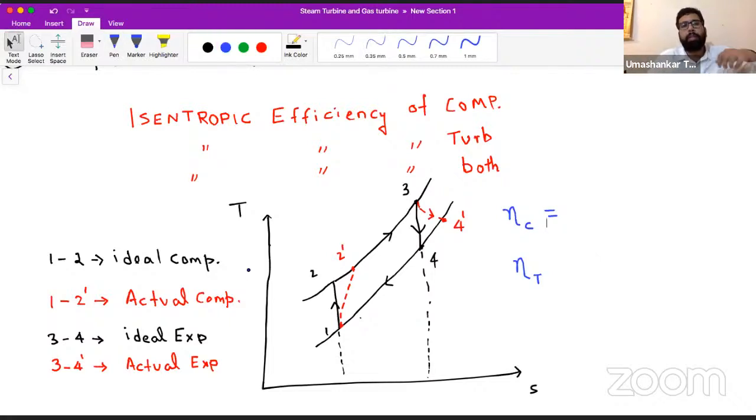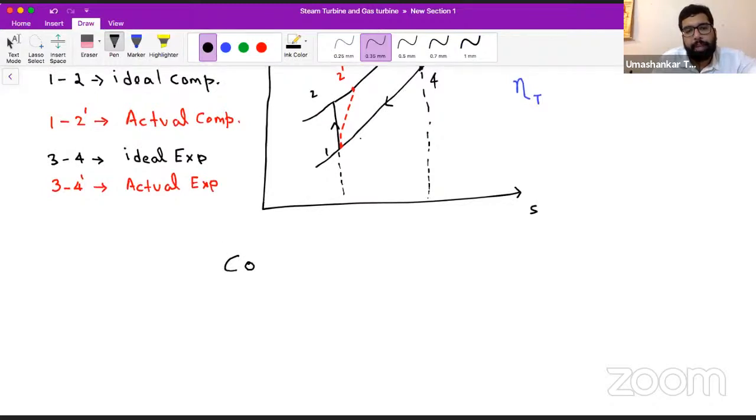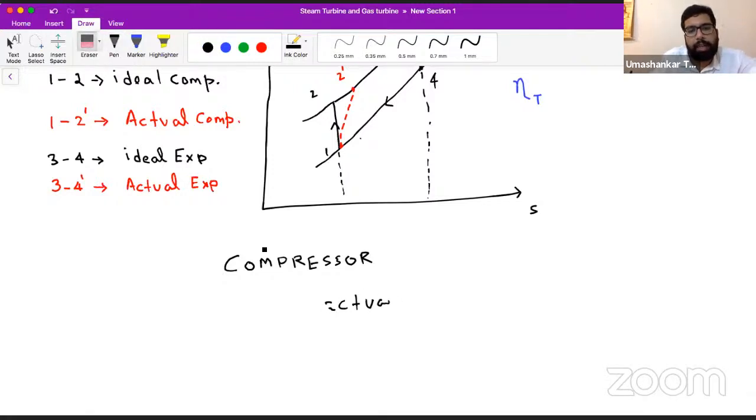So in the case of a compressor, when isentropic efficiency comes into play, can we say that the actual work of the compressor will be greater than the ideal work?